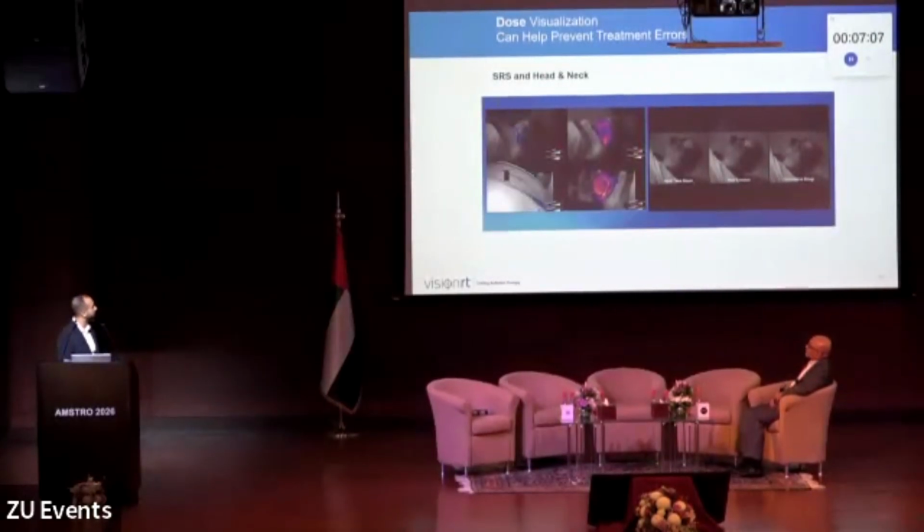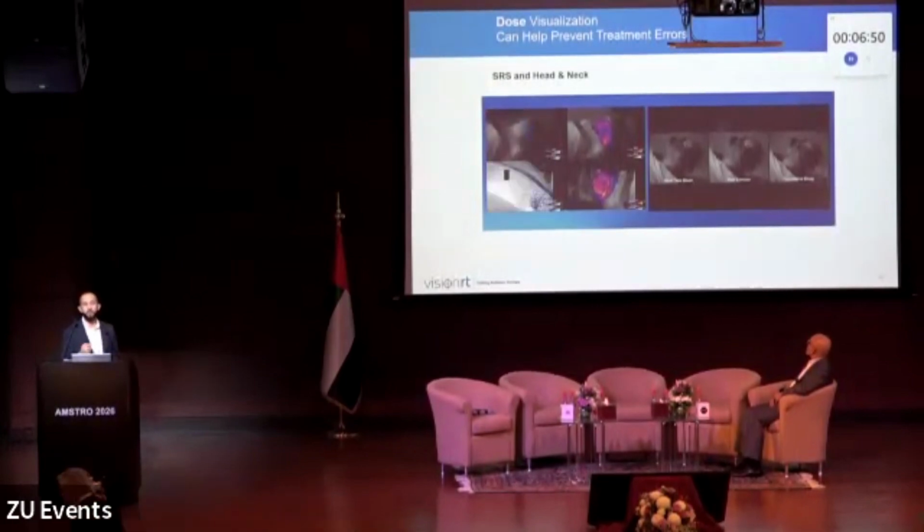An example here for a head and neck with a mask. In this VMAT treatment, we can see the radiation where it is intended. Of course, the second one will show you the cumulative dose, for example, after multiple fields or after multiple days of treatment.